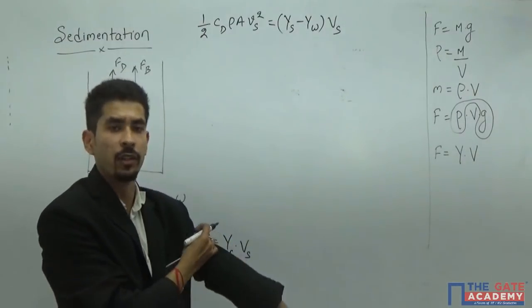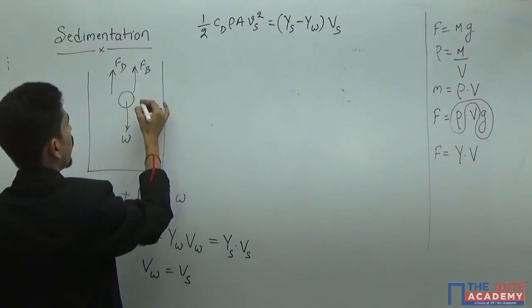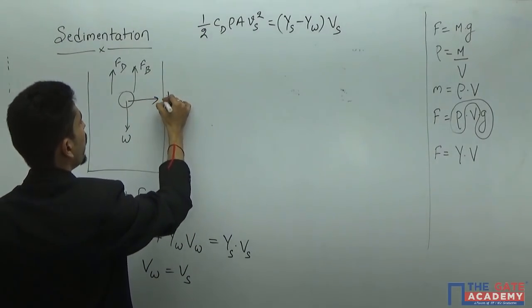Let us substitute the values. Let us consider this particle has a diameter d.